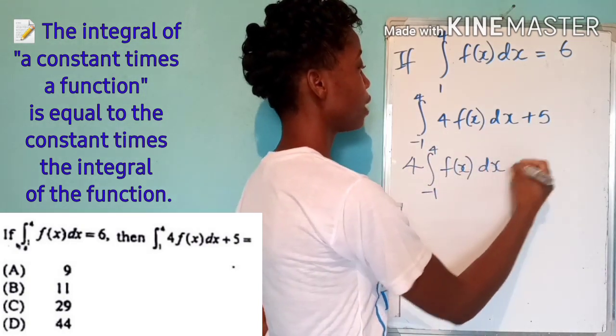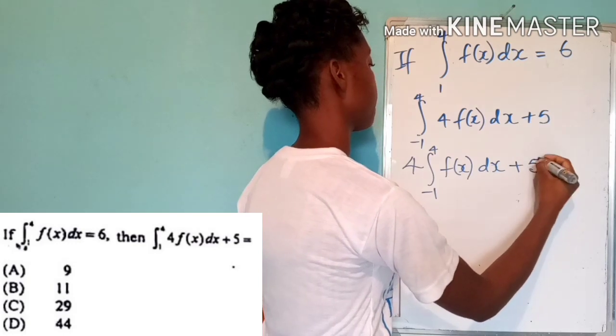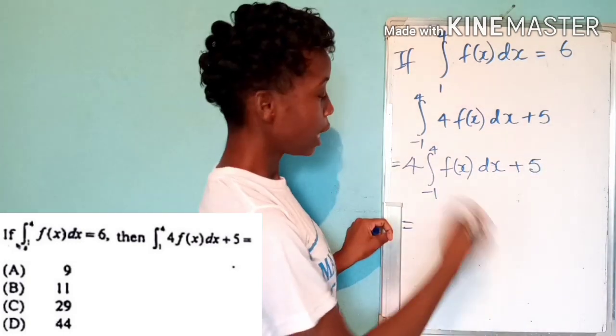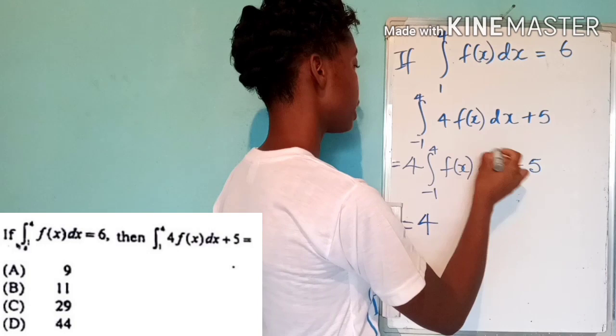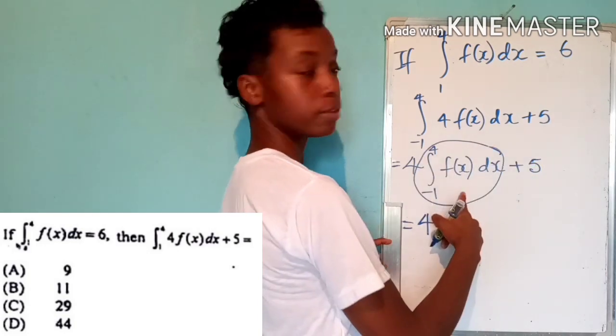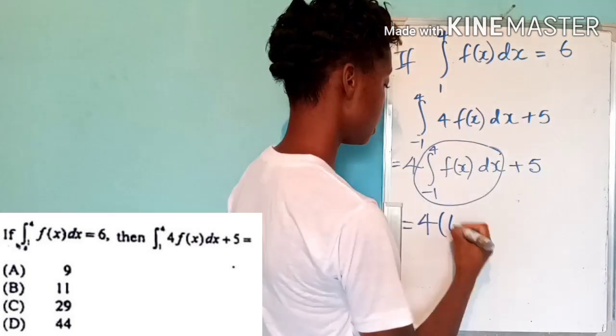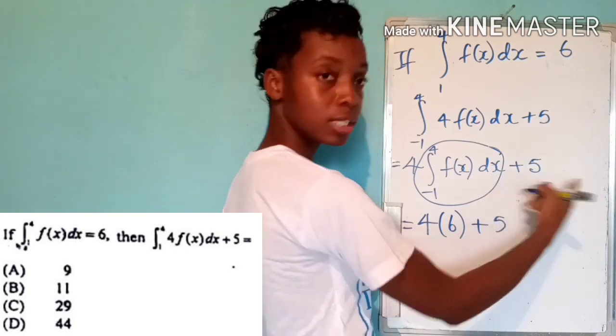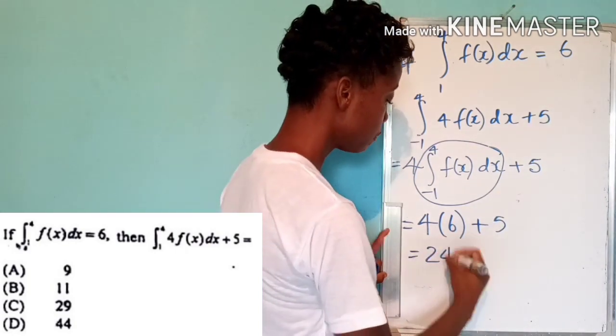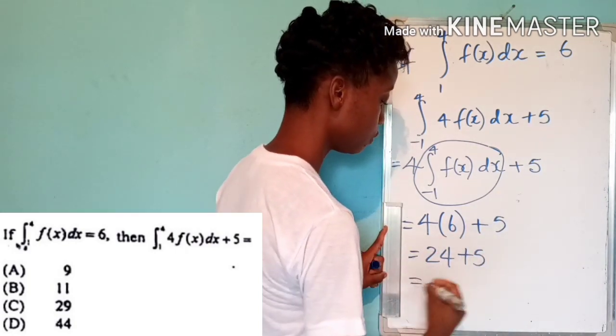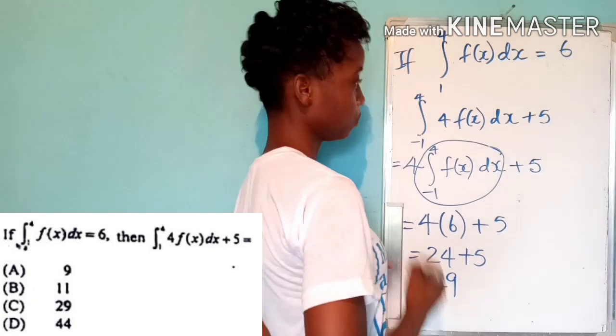And so we can rewrite this like that. And so this will now be 4 times, what is the value of this? They told us that is 6 plus 5. And so we have 24 plus 5, which will give us 29.